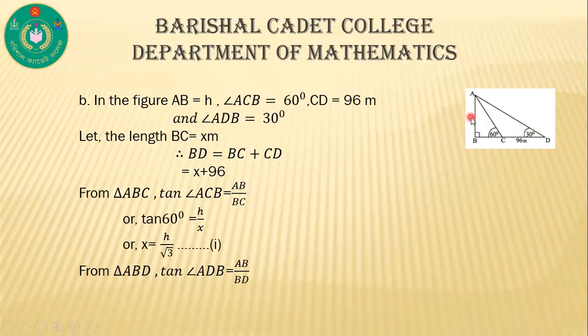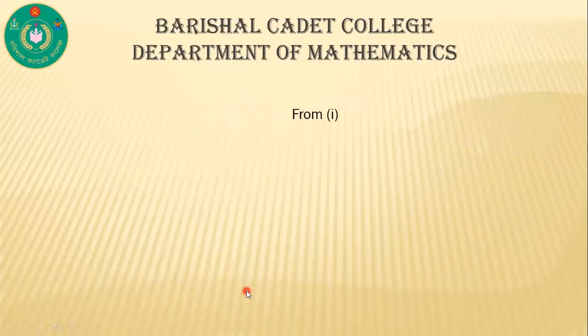Here perpendicular AB and base BD, or tan 30 degree is equal to H by x plus 96. We know tan 30 degree is equal to 1 by root 3 is equal to H by x plus 96, or H root 3 is equal to x plus 96, or H root 3 is equal to, we know x is equal to H by root 3 from 1.